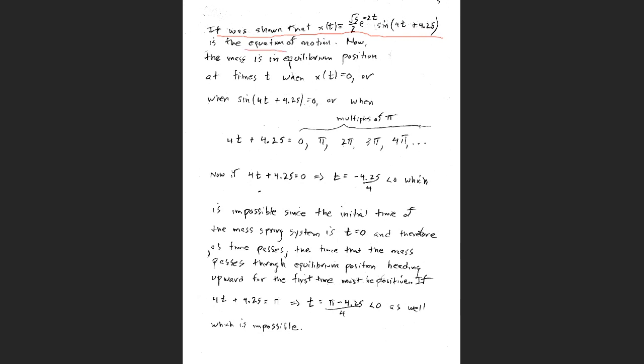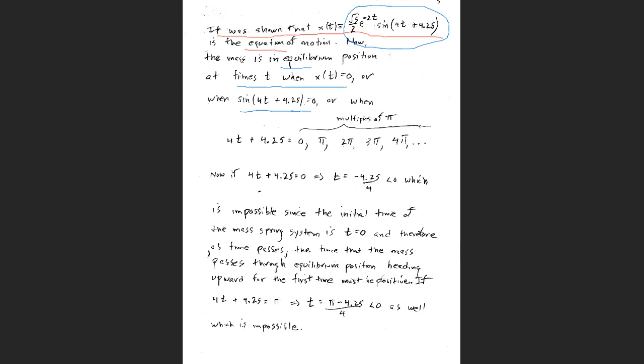And the mass is going to be in equilibrium position at times t when x of t equals 0, or equivalently when the sine of the angle 4t plus 4.25 equals 0. Now, why is that? Here's your equation of motion.